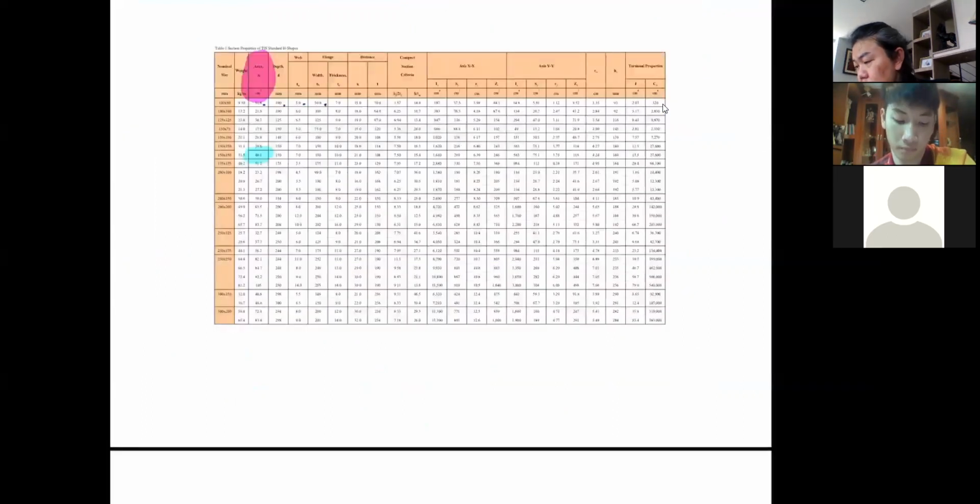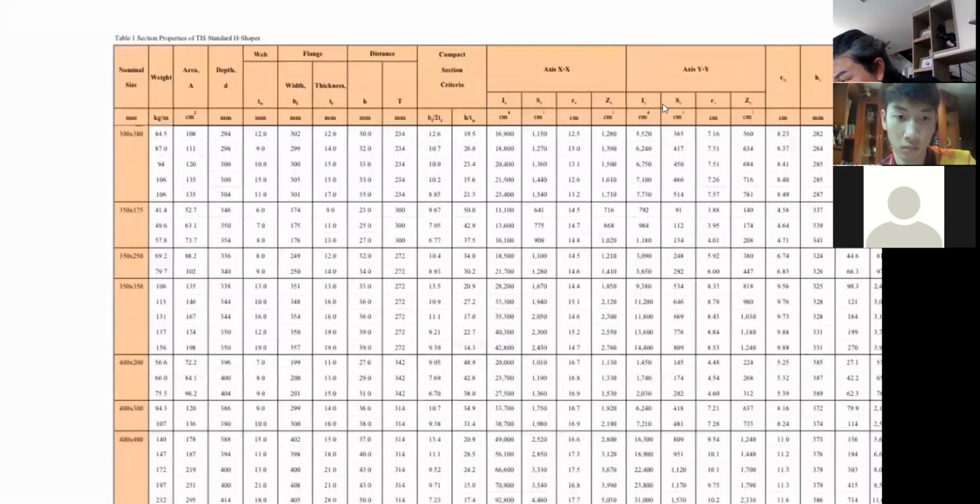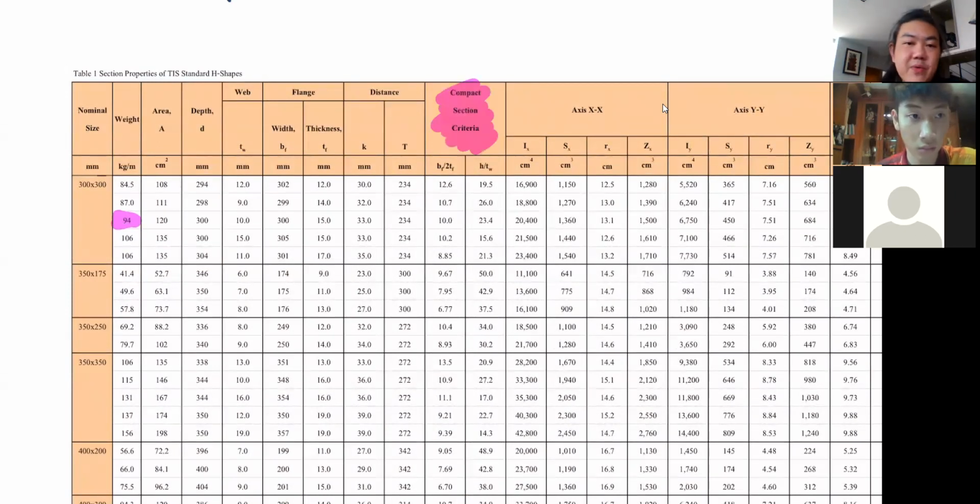Now, before you make any further notes, let me show you this. In my table, you will see that if we look at the 300 by 300 by 94, it is in fact this one, okay? The compact section criteria has been provided in the table already. And you can see that for the numbers that we just calculated, BF over 2TF is 10, exactly the same.